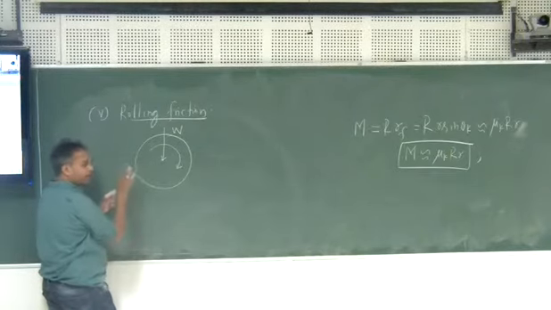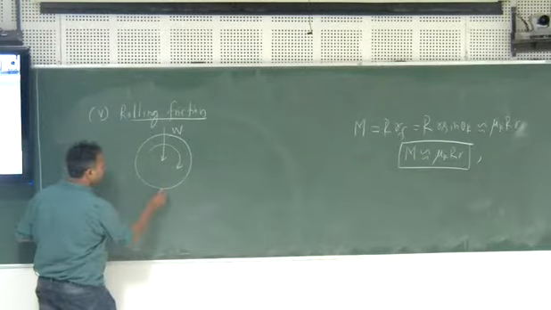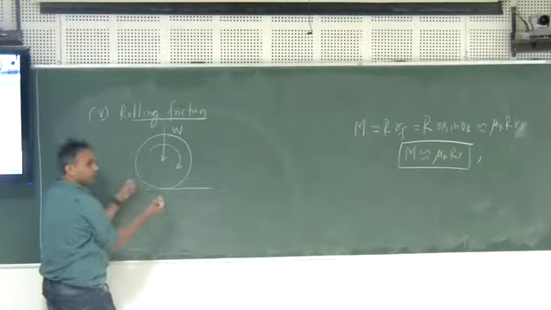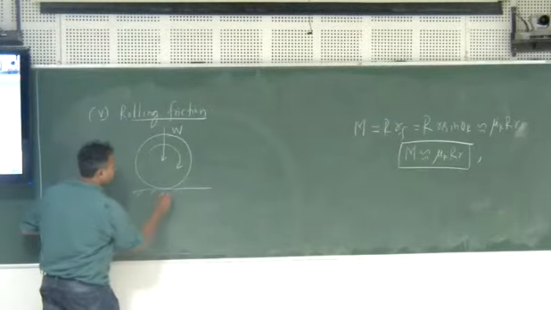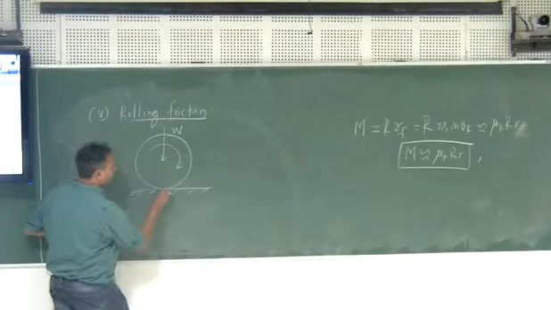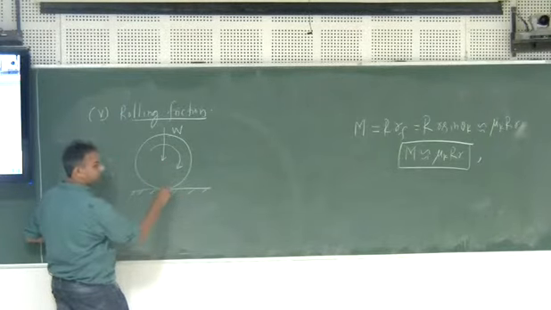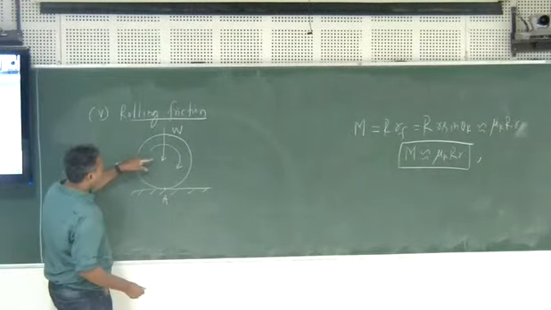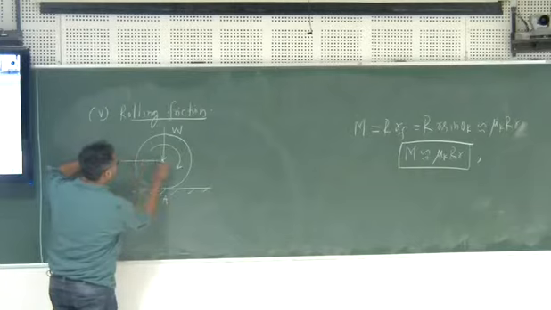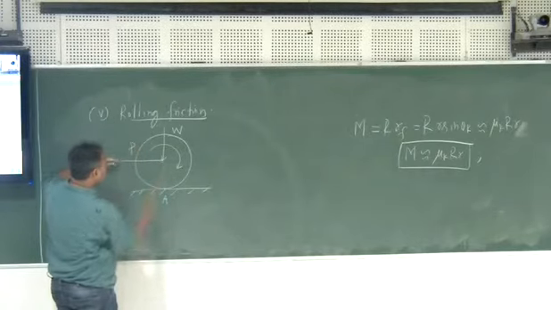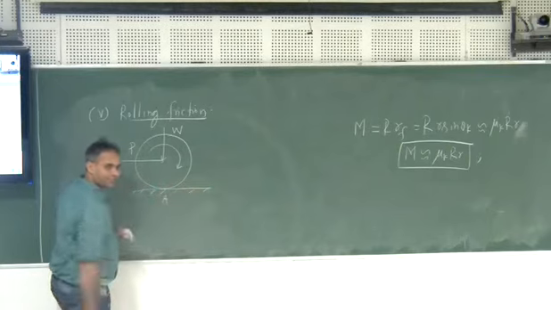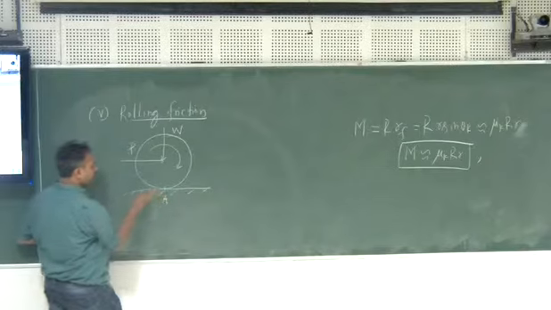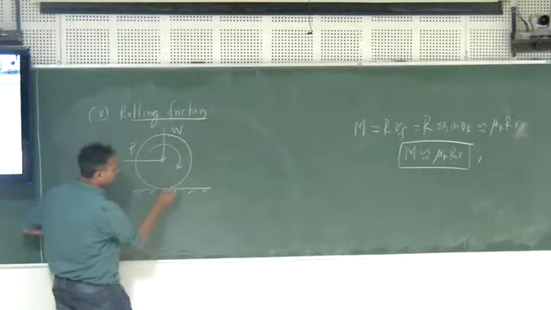Just consider a very ideal condition when both the objects are rigid and there is no deformation. Then the point of contact will be at this point and it will pass through this. Let us say this is your A. But what will really happen when you apply a certain force at the center? It will immediately start rolling, right? Now, instead of this rigid surface, let us say you have a deformable surface.